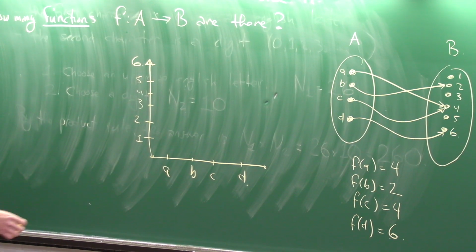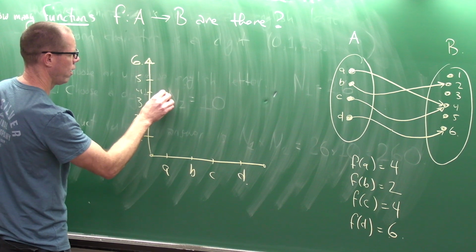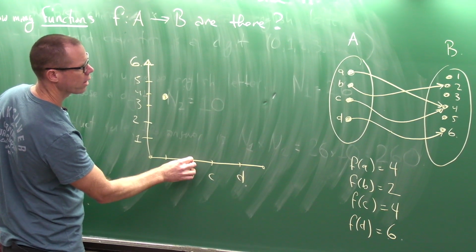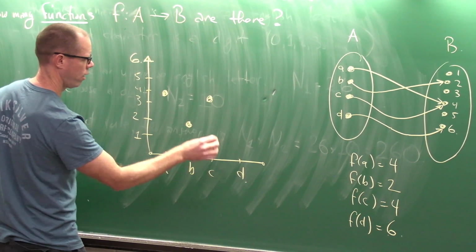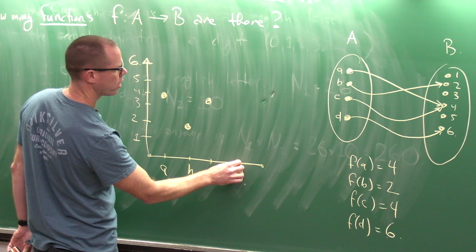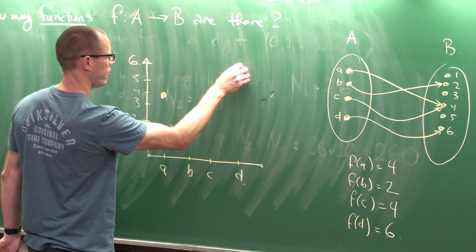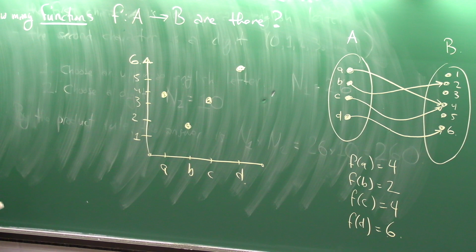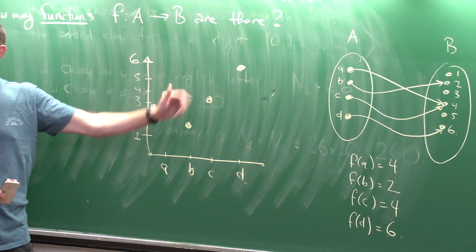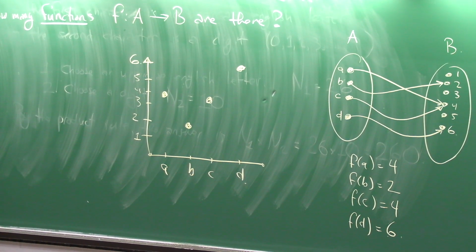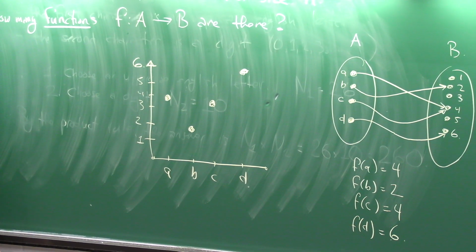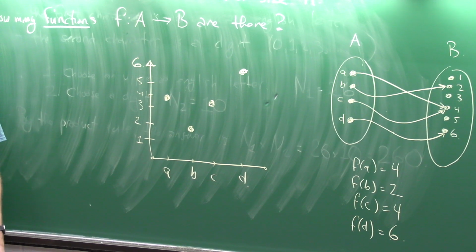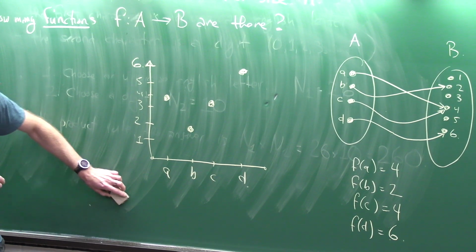And if you plot this, then what you see is A, 4, B, 2, C, 4, D, 6. So it passes the vertical line test. Any vertical line only intersects one thing. I think you mean it doesn't pass the horizontal line test, but lots of functions don't, right? Only increasing or decreasing ones do pass the test. Okay?